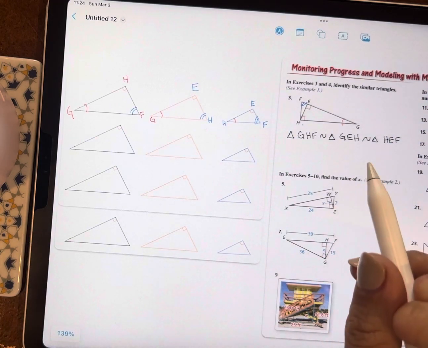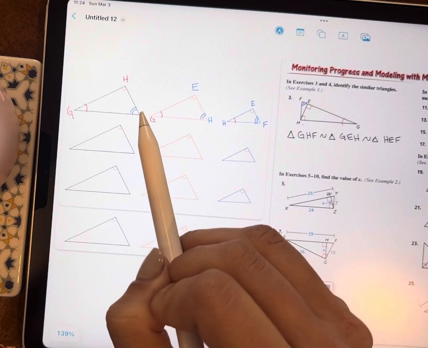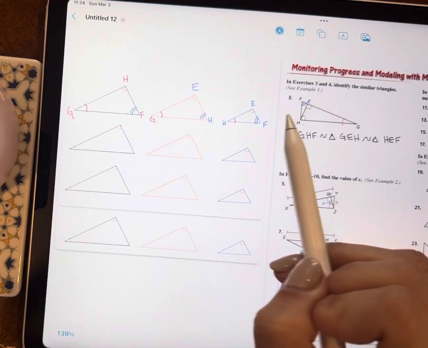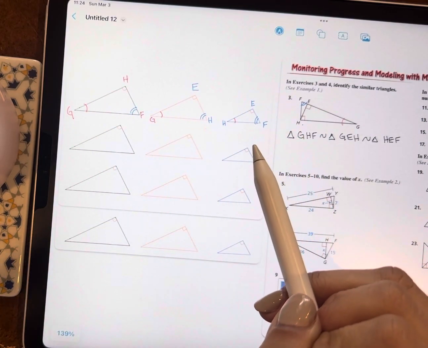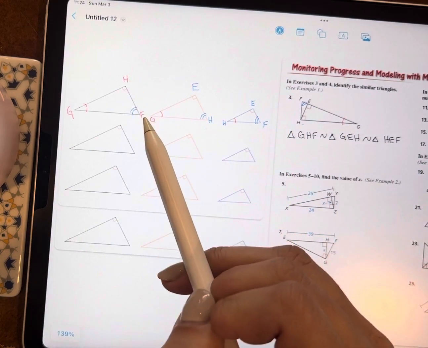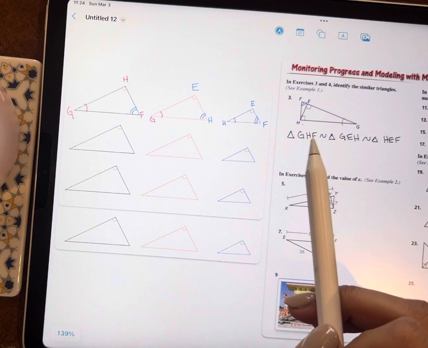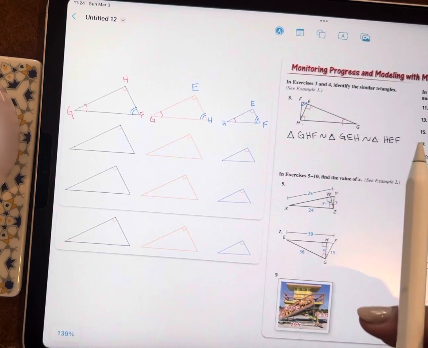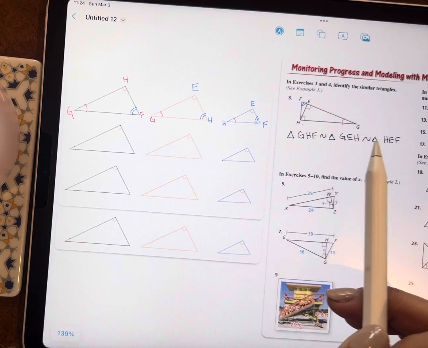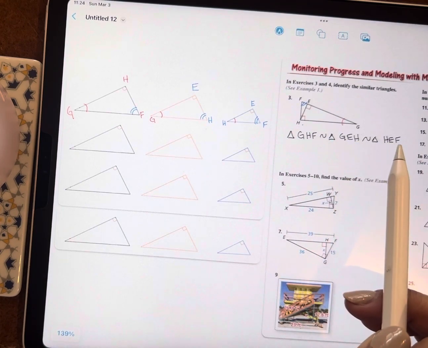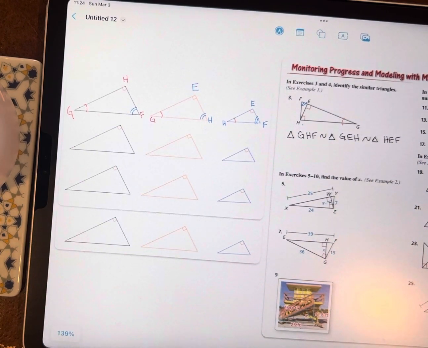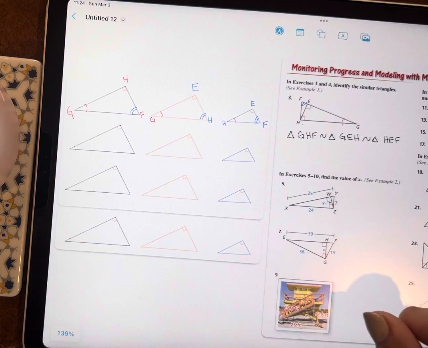Now, you may have gone FHG, HEG, FEH, no problem. You could have gone so many different ways. As long as G is corresponding to G, H to E, F to H, we're good.